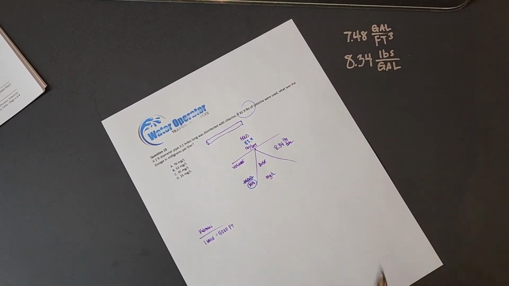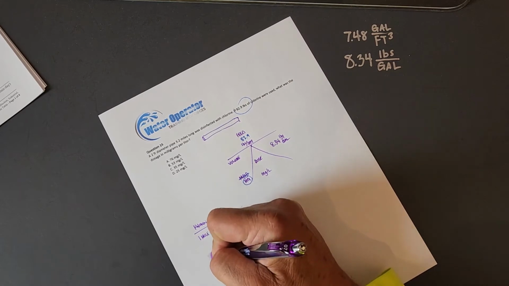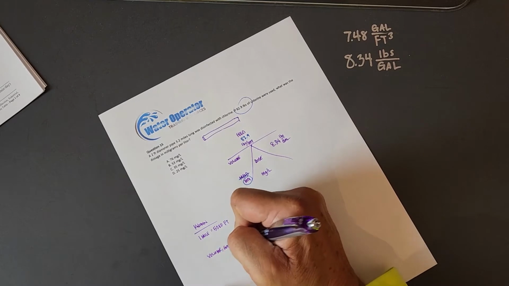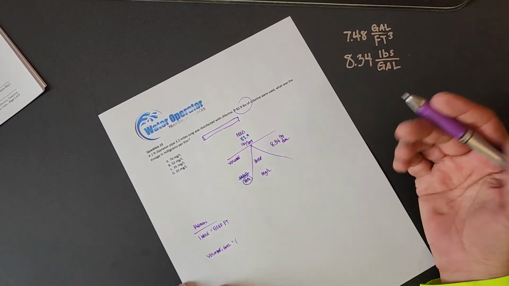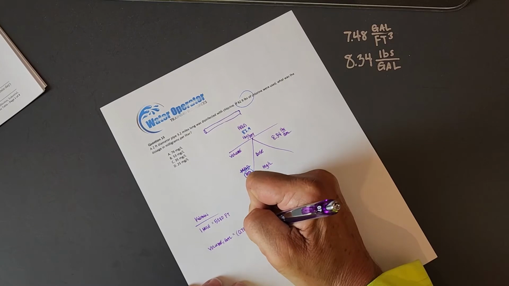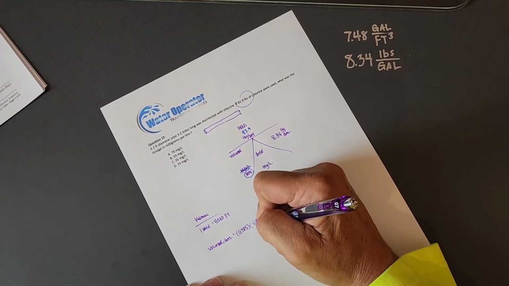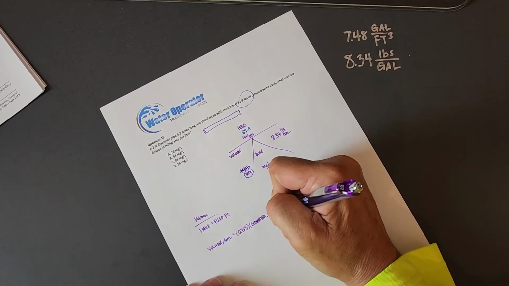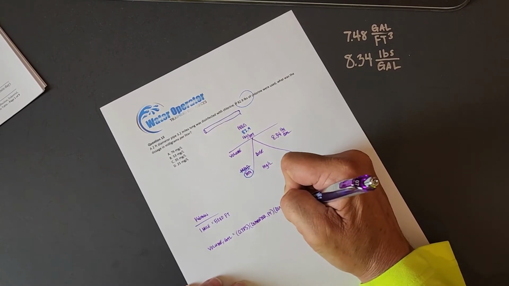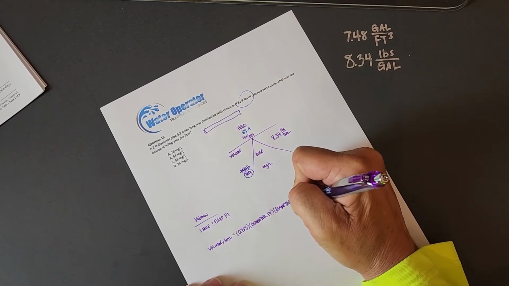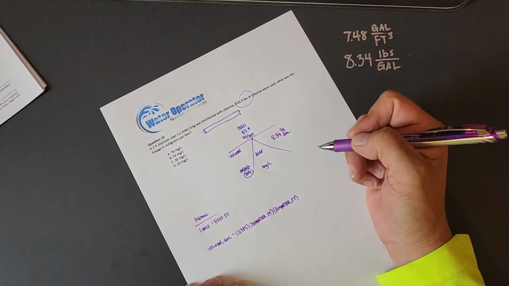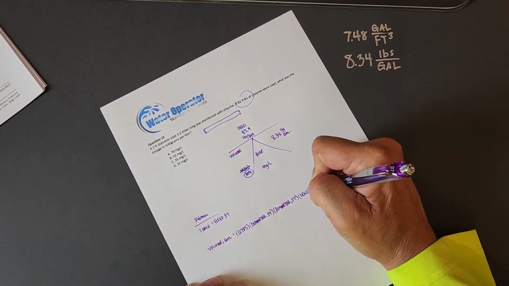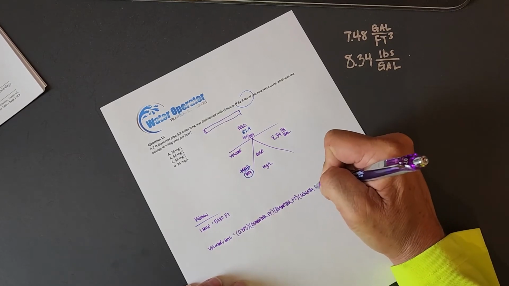We're going to do that using this formula that we're very familiar with. Volume in gallons equals, and this is a cylinder, 0.785 times the diameter in feet multiplied by the diameter in feet, and then we're going to multiply length in feet.